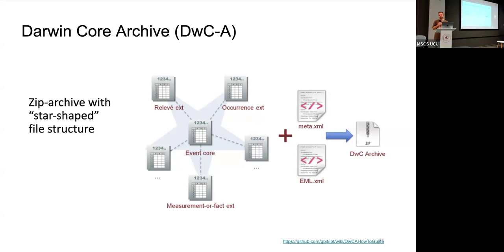For example, the occurrence extension, which provides row-by-row data about individual species. Each has a unique identifier inside the archive, linked with the unique identifier of the event. And some basic, or extended, information about this species.